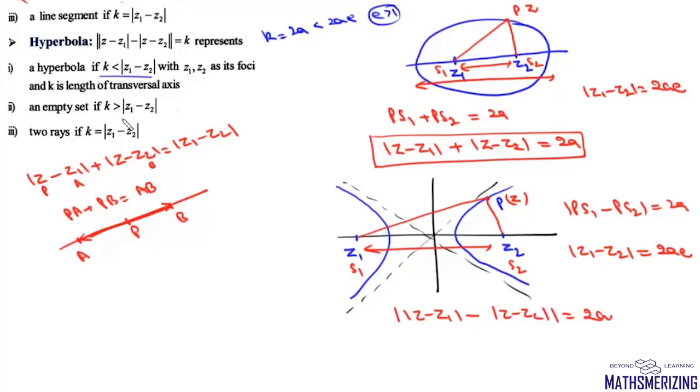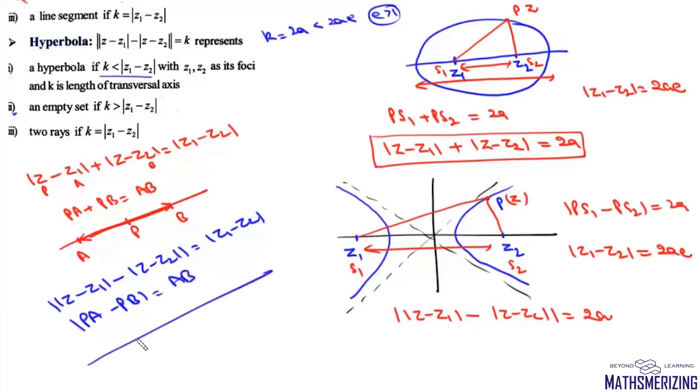If k is greater than mod of Z1 minus Z2, it represents an empty set. If k equals mod of Z1 minus Z2, then mod of Z minus Z1 minus mod of Z minus Z2, whole mod, is equal to mod of Z1 minus Z2, which is the modulus of PA minus PB equal to AB. This again is the condition of collinearity.